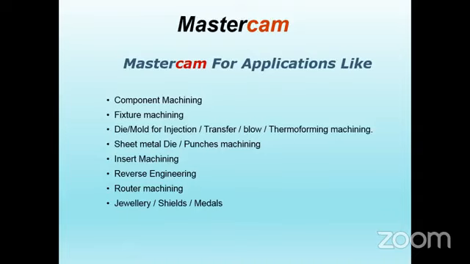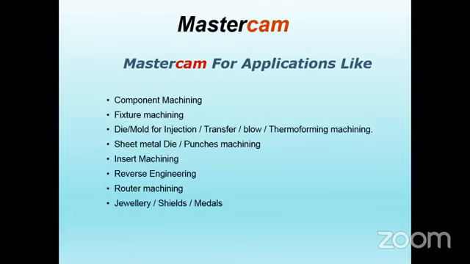So here are the applications like component machining, which I just discussed, fixture machining, die mold design, die mold milling, sheet metal die and punches machining, insert machining, reverse engineering, router machining, as well as jewelry, shields, and medals manufacturing. Many other applications are also there, like EDM, wire cut can also be run through Mastercam.